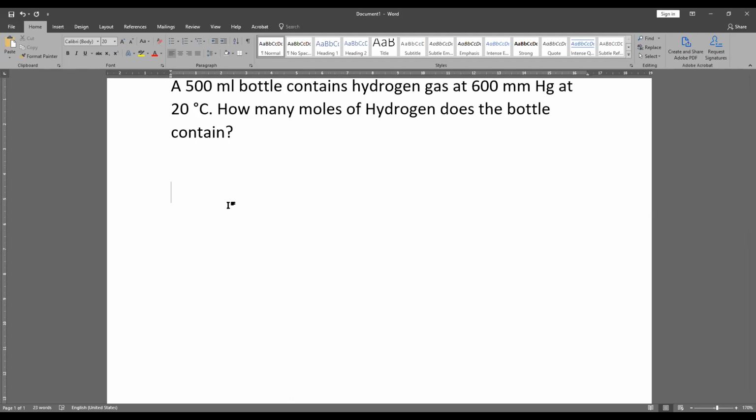So first and foremost, we should identify what the givens are. Start with the given. Why? If you start with the given, you won't be confused about what to do. We have pressure.